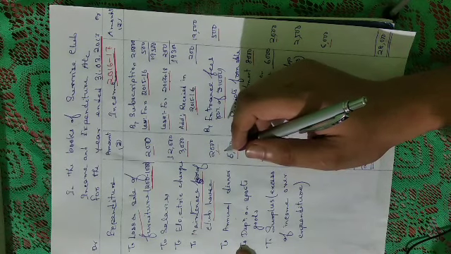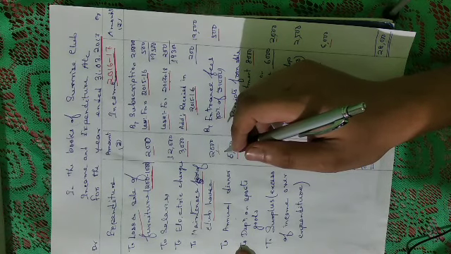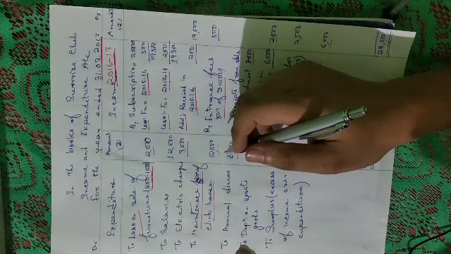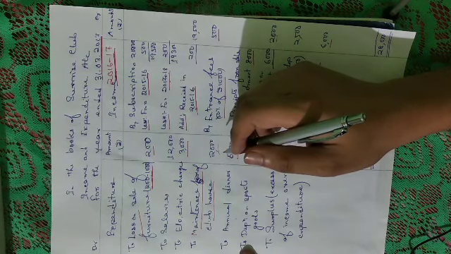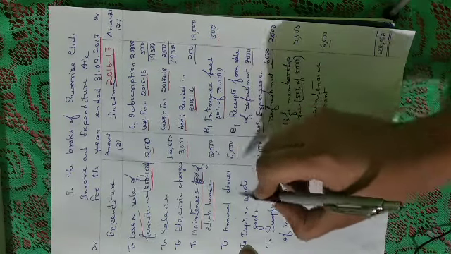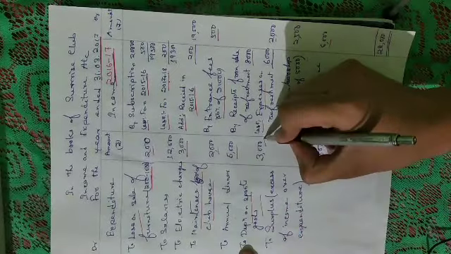Next, in the additional information, depreciation on sports goods is rupees 3000, so it is non-cash expenditure, so depreciation on sports goods is rupees 3000.